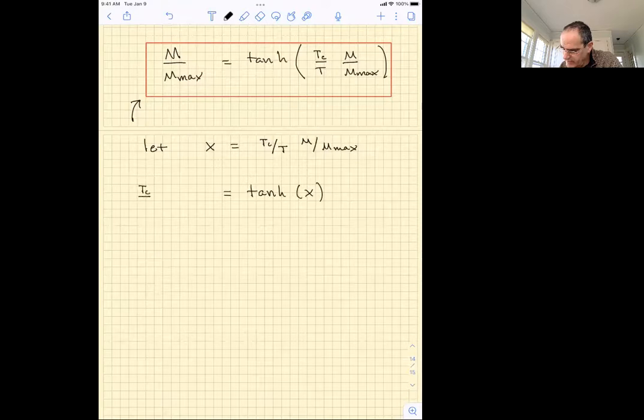And now I can multiply and divide by this term. So that when I do that, on the left-hand side, I have T over Tc times x is equal to hyperbolic tangent of x.